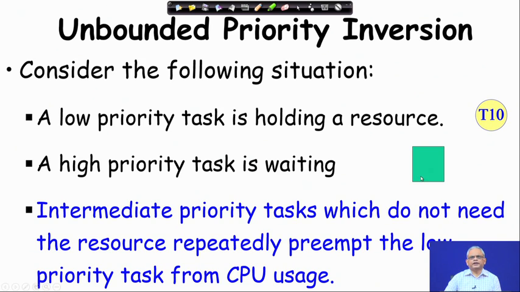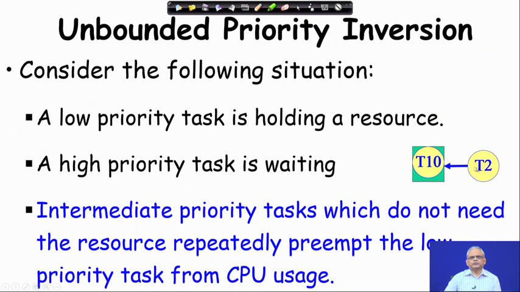This is a non-preemptable shared resource, and since the resource is available, T 10 starts using the resource. But after it has started using the resource, a very high priority task started executing and it needed the resource, but T 10 cannot be preempted.